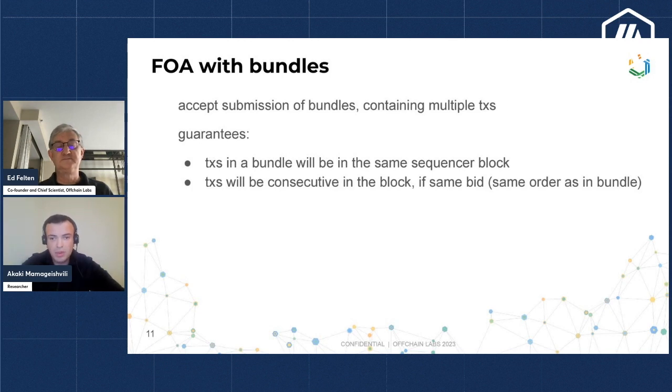Of course, we still want to accept bundles, so that's good for the user experience, for example also for the arbitrage seekers, because some arbitrage opportunities require that multiple transactions are in the same bundle, and they will be executed in the same block, so there is no splitting. So once the bundle makes it in the block, then it will be executed in that block, and also the transactions in the bundle will be executed one by one consecutively.